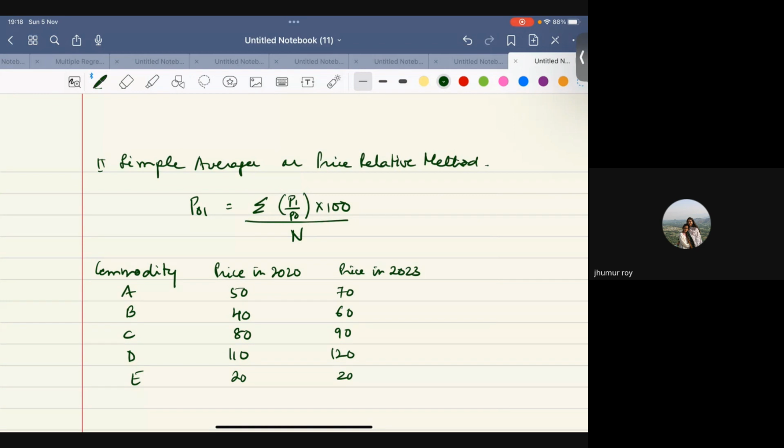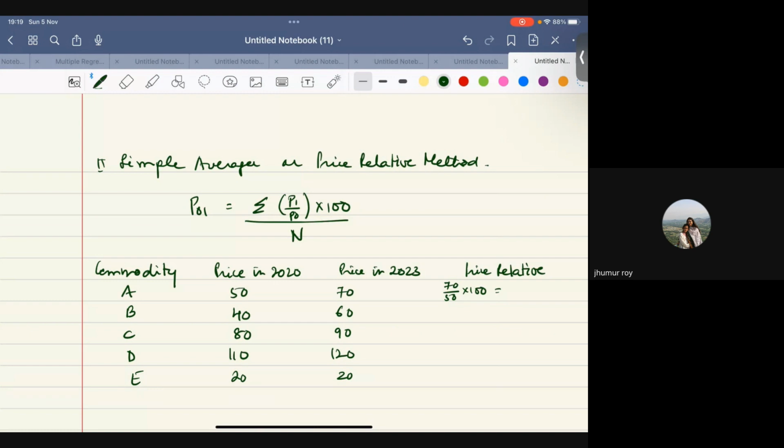Now we calculate price relative. So price relative is P1 upon P0 multiplied by 100. So it will be 70 by 50 multiplied by 100.